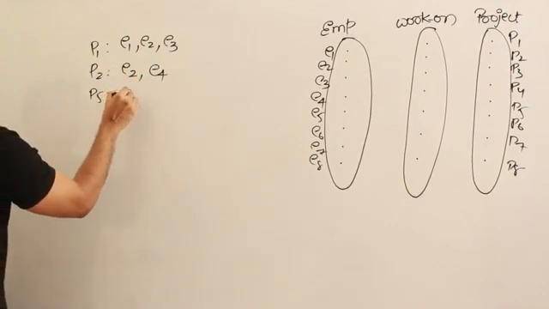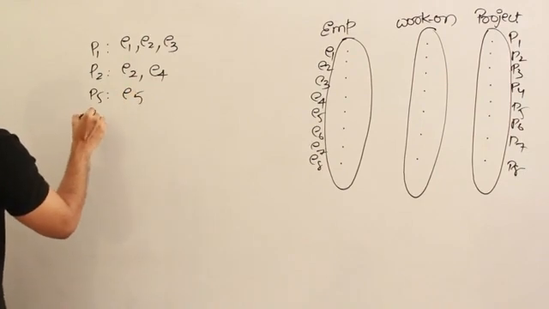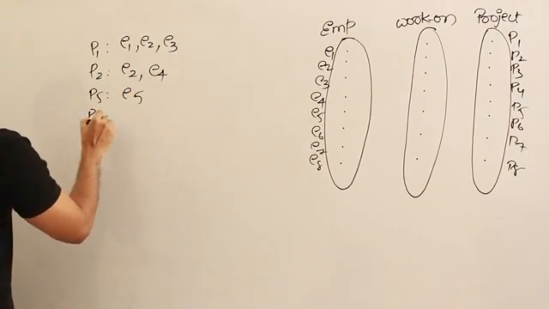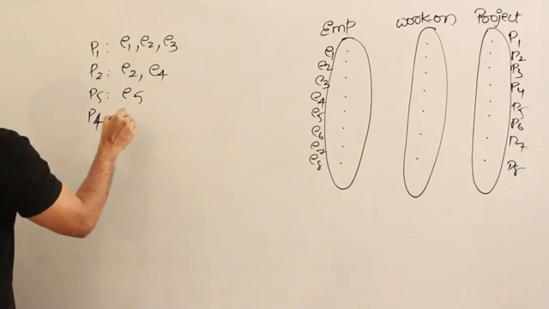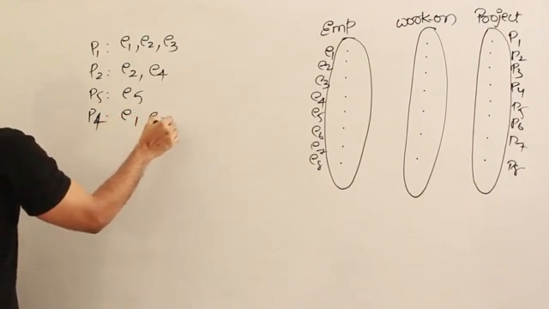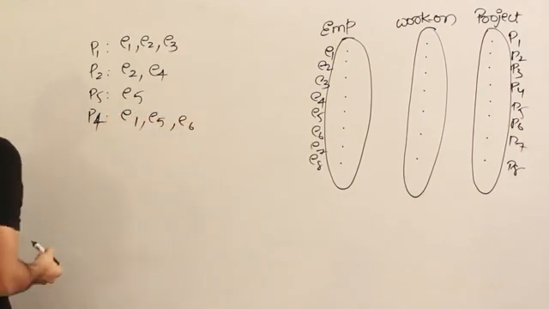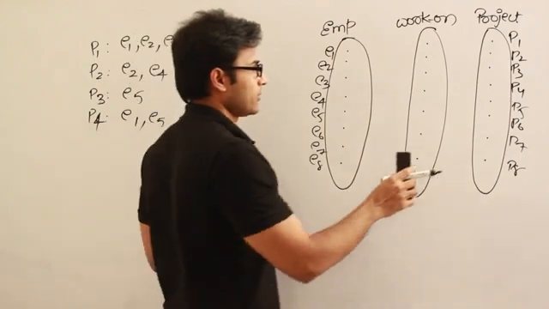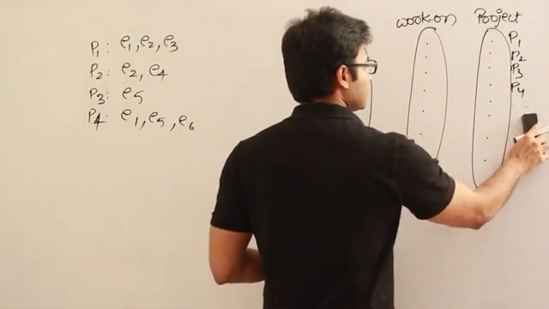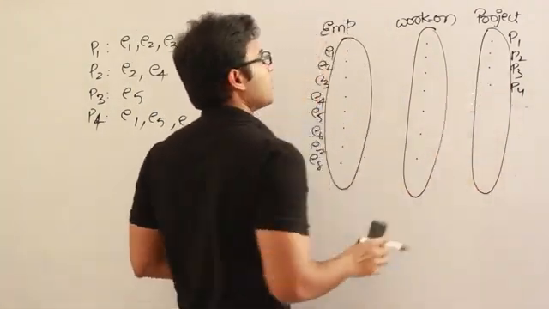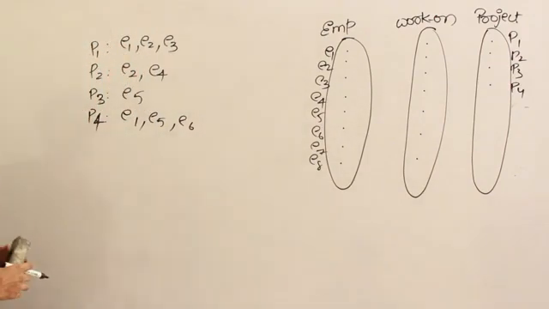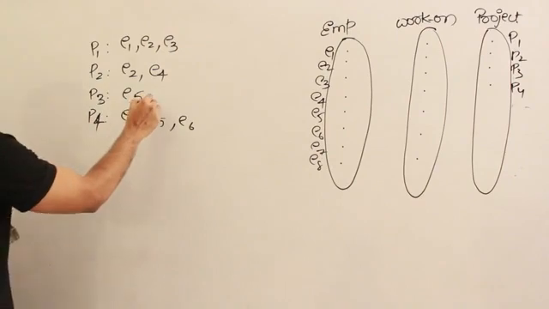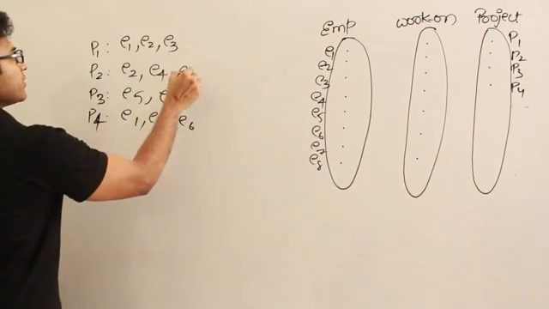Project P5 is having employee E5 working on it, and project P4 is having employees E1, E5, E6, and so on, right? Let us say this is P3 and P4. Now how are you going to relate them? So there are 4 projects and these many employees. Is there any employee left out? Let us put E7 here and E8 here, right?